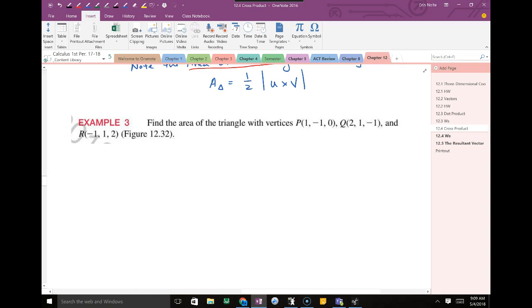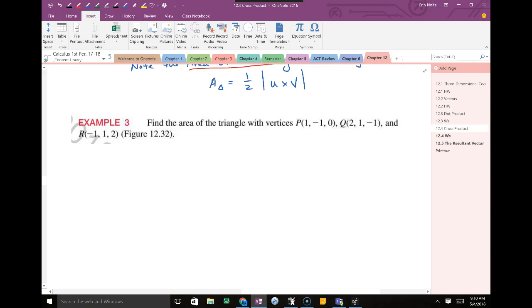We did this in that last section, or maybe two sections ago. We're just going to find the vectors by doing the terminal minus initial. Remember that? We can choose what vectors we want to do. I'm going to do a PQ vector, and then a PR vector. I want the points that we use to be the same, so if I pick P, I'm going to do PQ and PR.